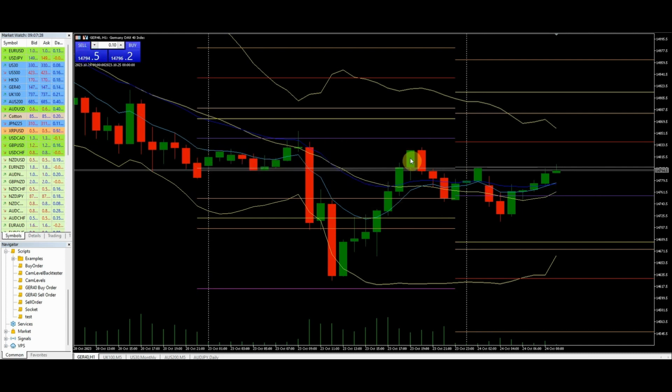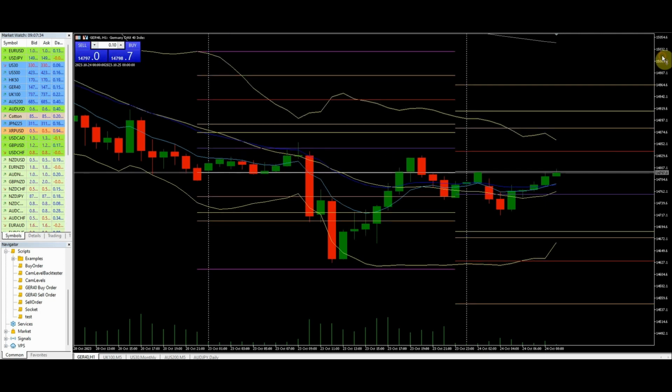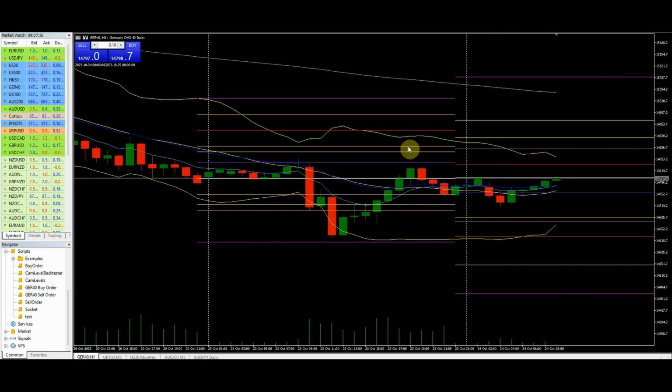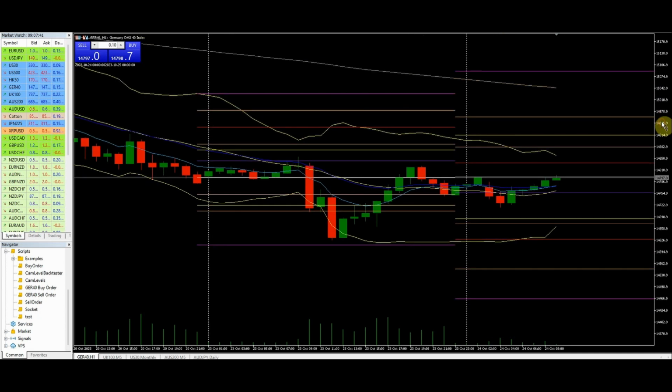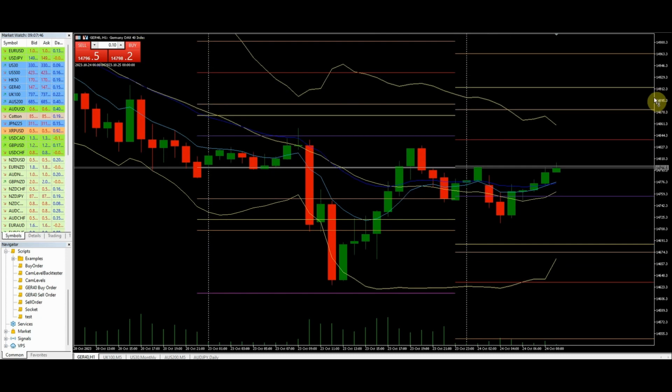Where has the market been happily trading? Where has it been turning around or finding pricing resistance? And then using the Camarilla levels as an additive to determine the range, the targets, and potentially the turning points for that day.